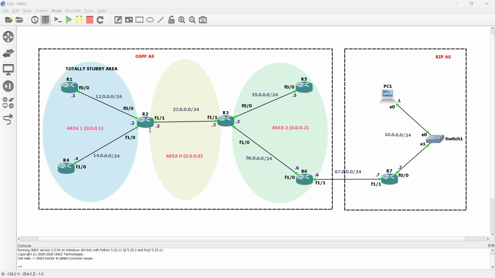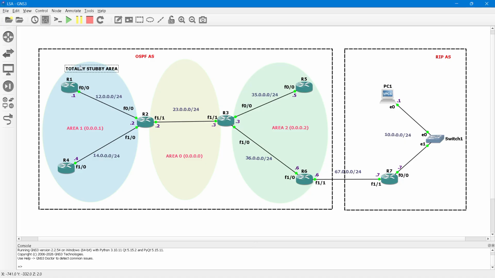Now let's understand what we will do in order to make it stub area. Let's start with stub area. So the theory says that to make the router stub area, let me rename, copy, great, stub area, great.